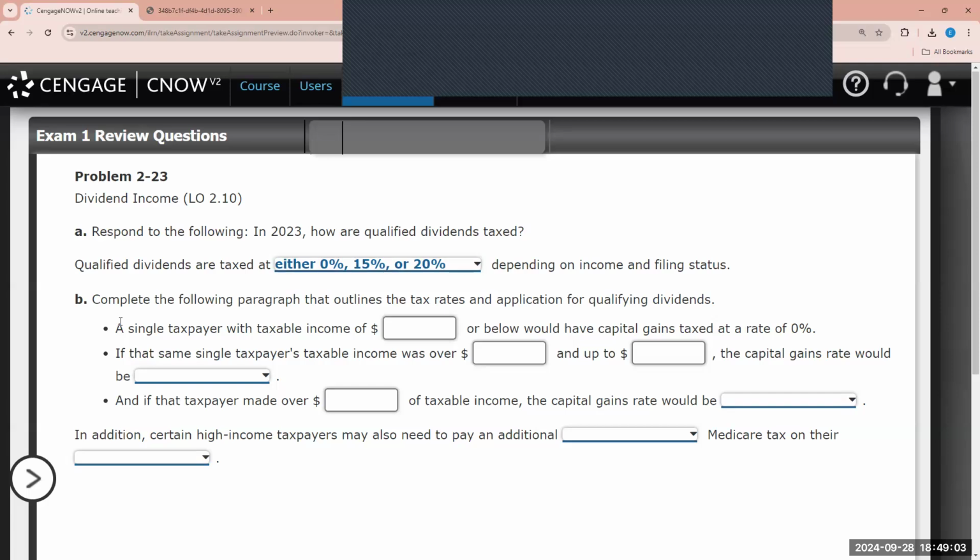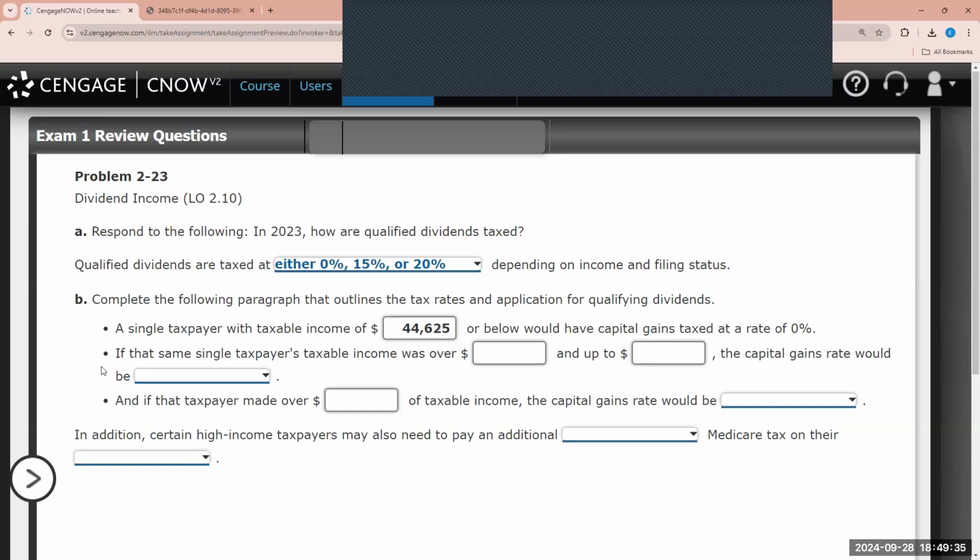So B asks us to complete the following paragraph that outlines the tax rates and application for qualifying dividends. So for a single taxpayer with a taxable income of blank or below, they would have capital gains taxed at a rate of 0. So single taxpayer with taxable income of $44,625 or below, they would have capital gains taxed at a rate of 0%.